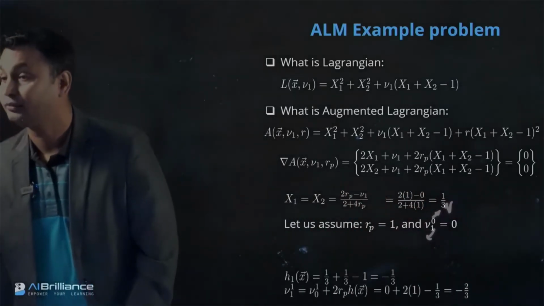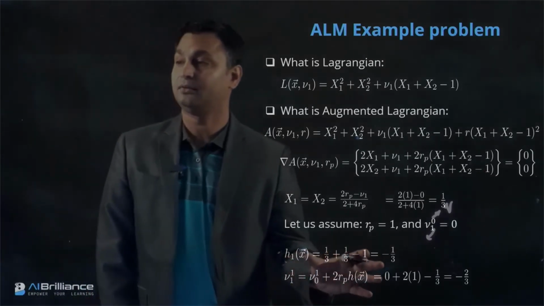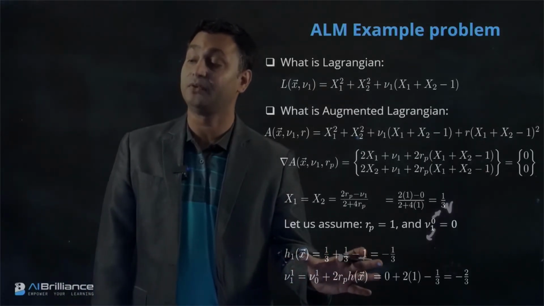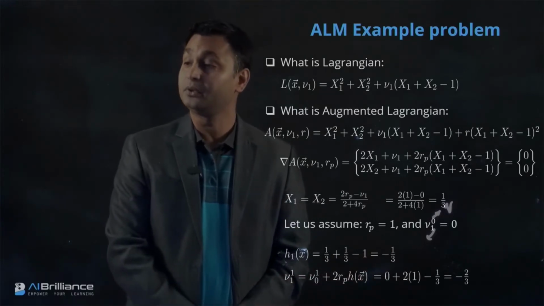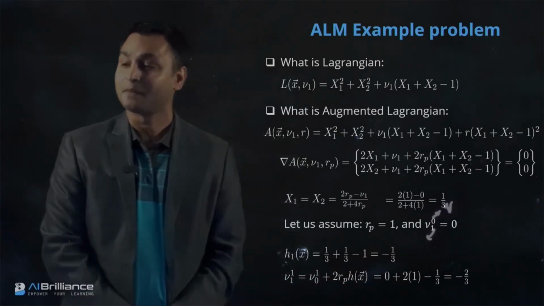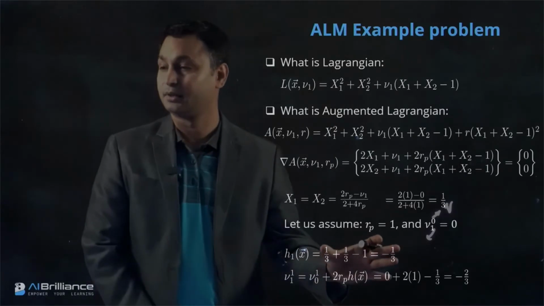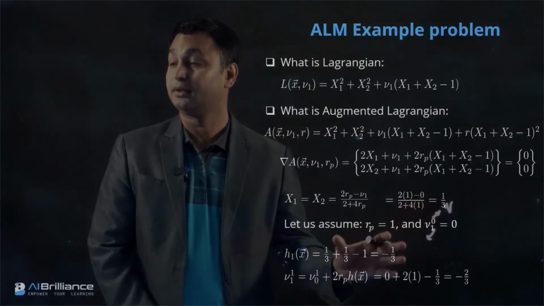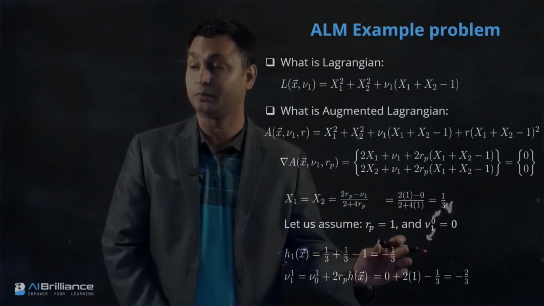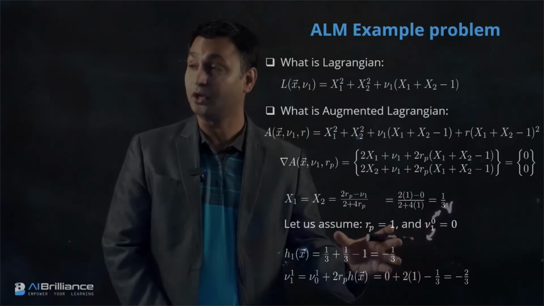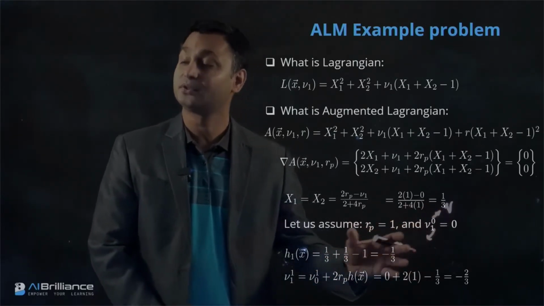Then we can see the value of h1(x), which is 1 minus 1 by 3. This solution is not satisfying the equality constraint, because it has to be close to 0 for an equality constraint. Since this is 1 minus 1 by 3, it is not close to 0, so this is not a good solution.